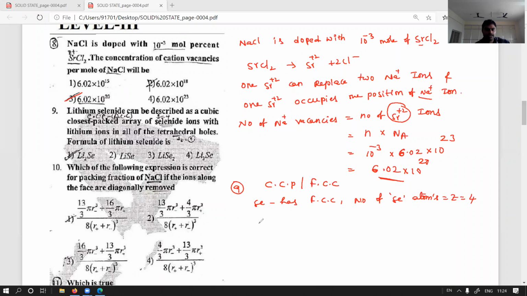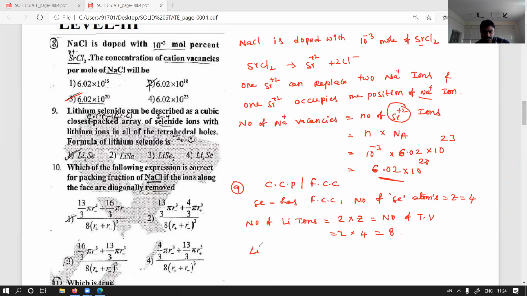Next, the lithium ions all are present at tetrahedral holes. The number of lithium ions is 2 into Z, which equals the number of tetrahedral holes, so 2 into 4 is equal to 8.